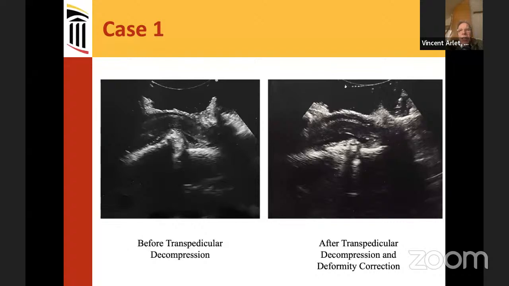I think the advantage of reconstructing the anterior column with either cement or a cage is that when you correct the deformity, you don't get any kink of the dura, so you don't have to worry that you have kinked the spinal cord. Now, if you get shortening, you're going to get kinking of the dura, and then you worry about kinking of the spinal cord. So what do you take on these three different things?